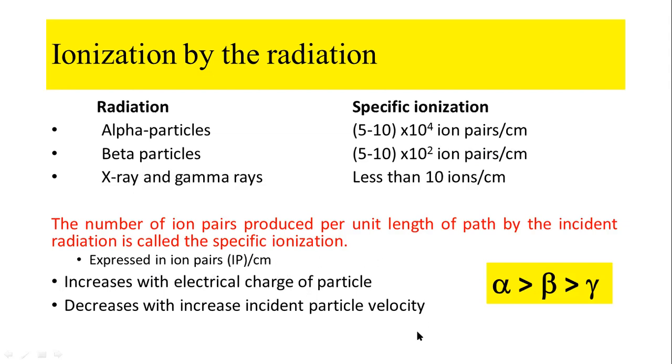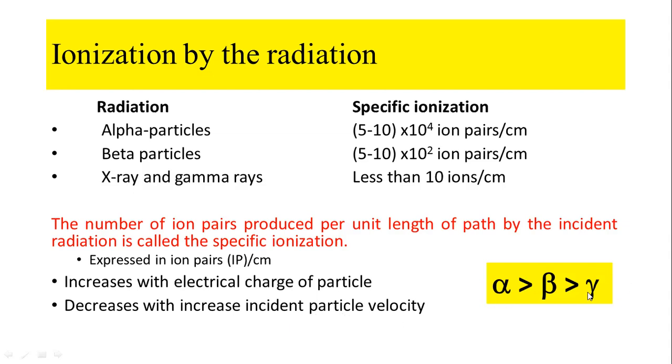So these are the two factors on which this is going to depend. One is the specific ionization. This is going to increase with the electrical charge of the particle, as I have explained, because alpha has more charge, that's why it has more specific ionization. Second, it decreases with increased incident particle velocity.